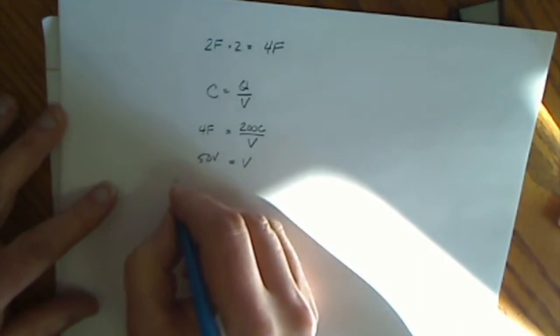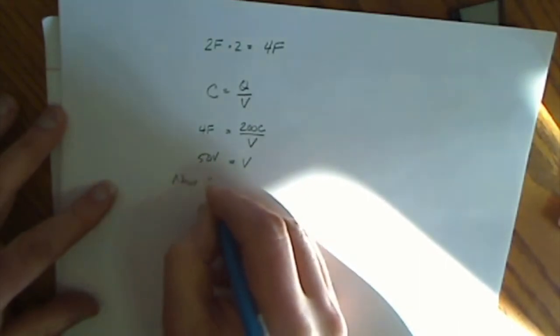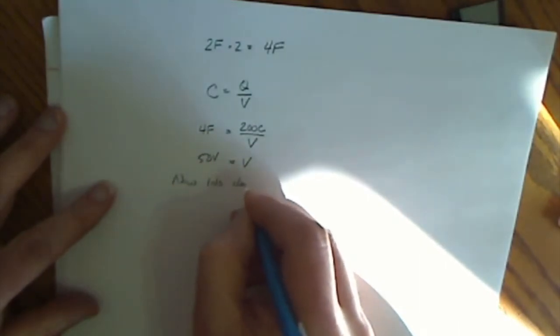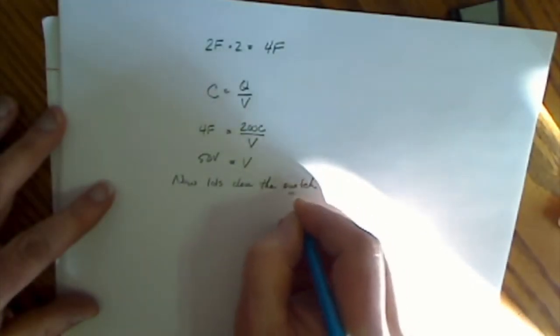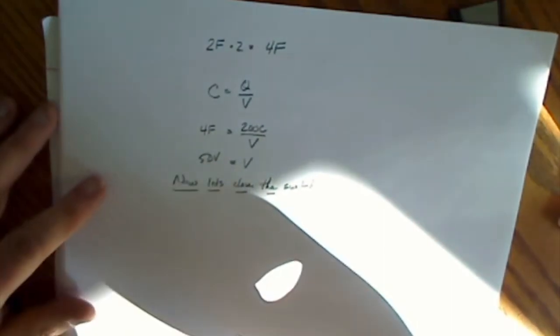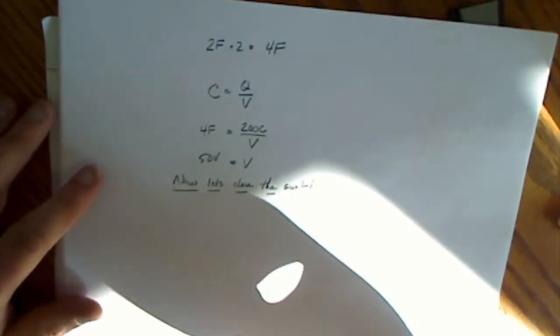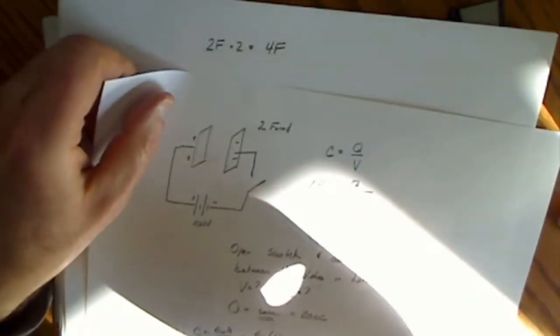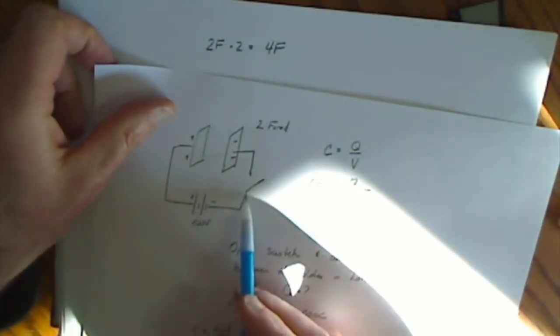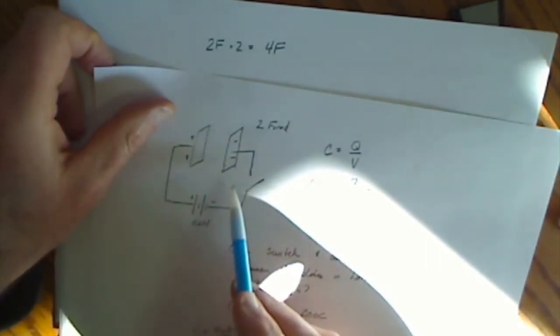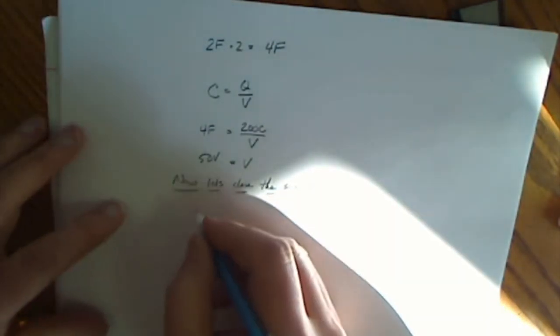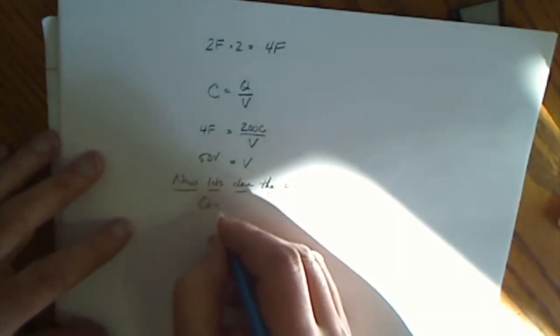Now let's close the switch. All right. If we close the switch, referring back to our original diagram here, now charge does have a path from one side over to the other. Okay? So my Q can change.